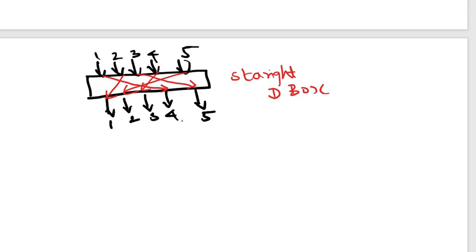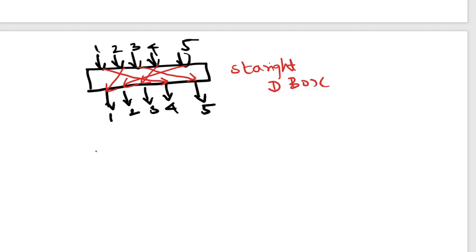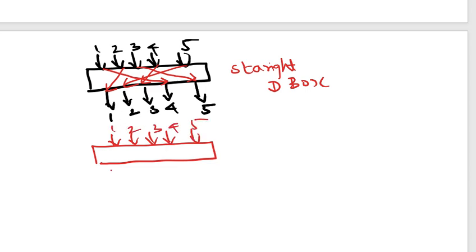Another example also shows a similar pattern. We have n bits equal to 5: 1, 2, 3, 4, 5. In the output, 1 will be expressed by 1 and 2 is compressed, and 3 will be expressed as 2, 4 is compressed, and this will be given as the third one.